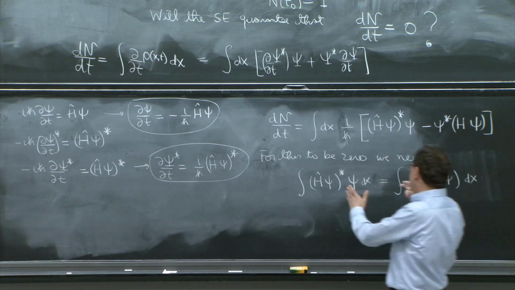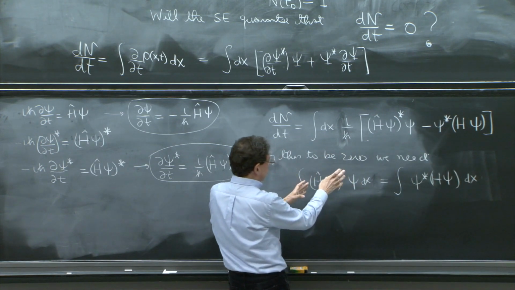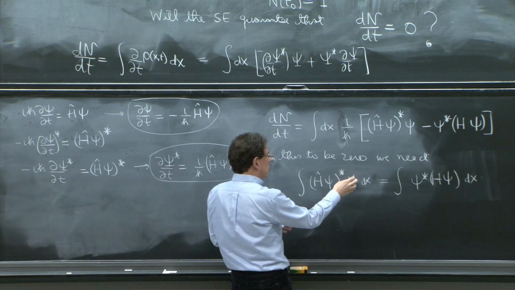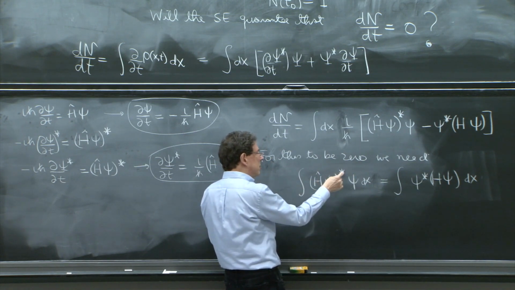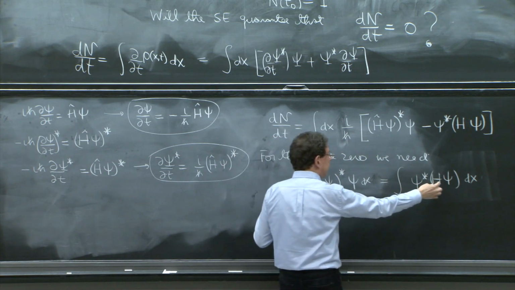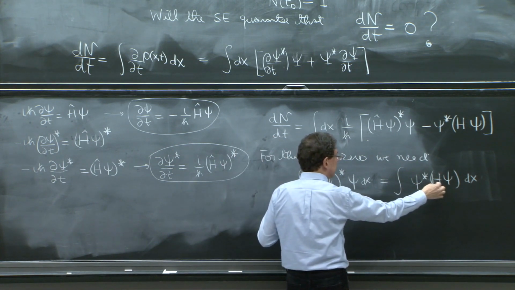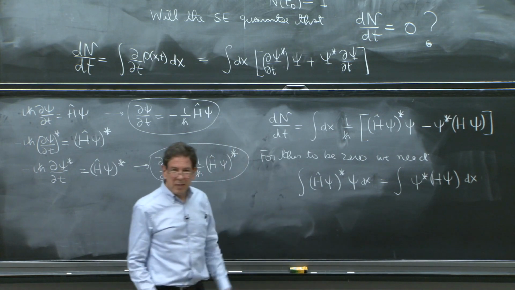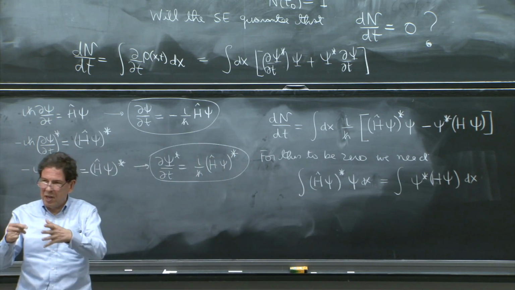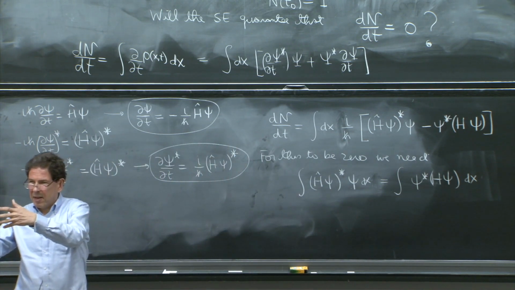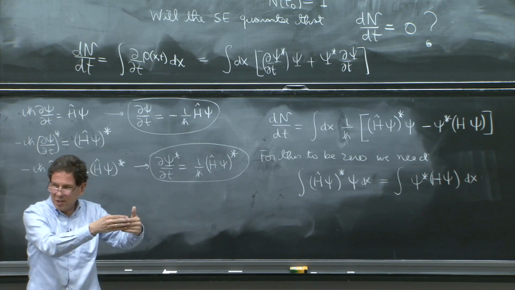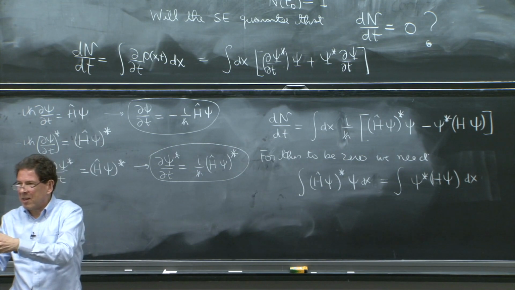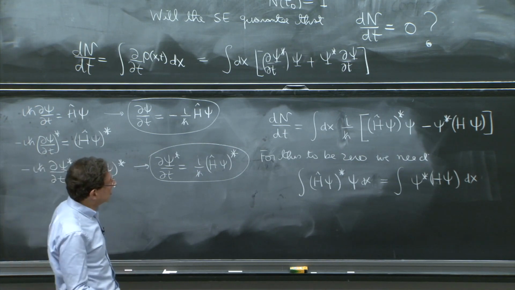Is that right? You have one function starred, one function non-starred. Once the h is with the function that is to be starred, but on the other side of the equation, the h is on the other side. So you've kind of moved the h from the complex conjugated function to the non-complex conjugated function, from the first function to the second function.